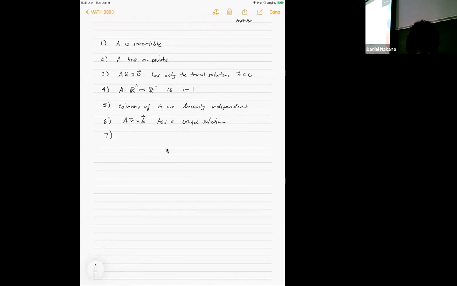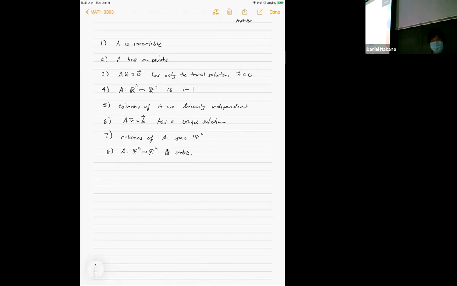7, if it has a solution, the columns of A span Rn. So we saw that having a solution says that B is in the span of the columns of A. And then if this is true, then A from Rn to Rn is onto.